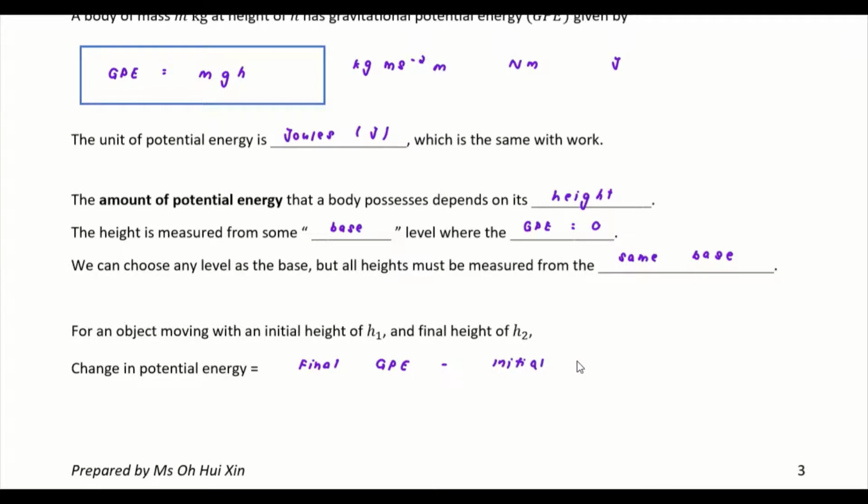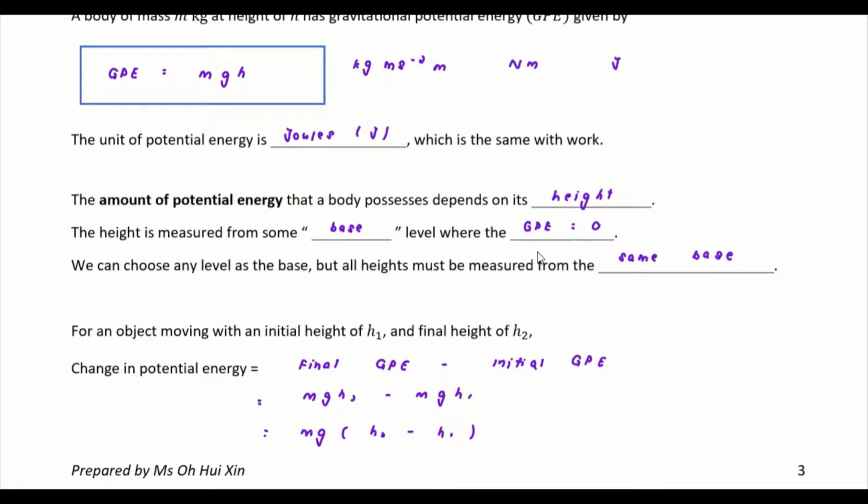In this case, we have mgh2 minus mgh1. By factorization, we can take out m and g, so inside the bracket we have h2 minus h1. Something I wish to mention beforehand is that your height can be a negative height. Later, when we determine the base level, I'll explain this further.